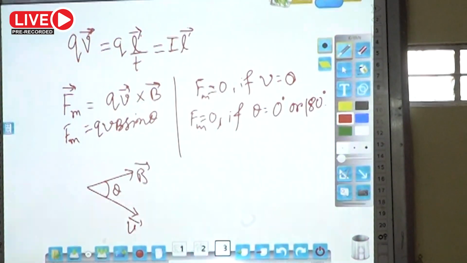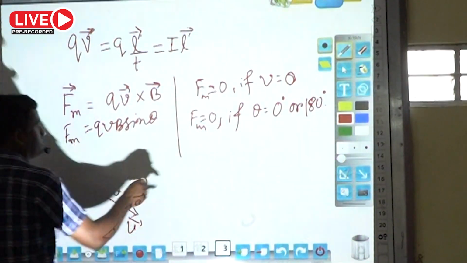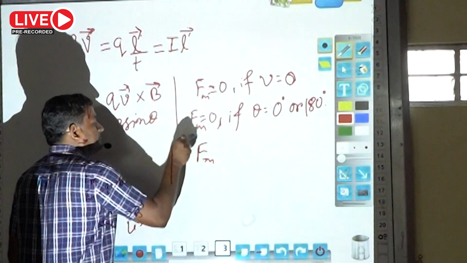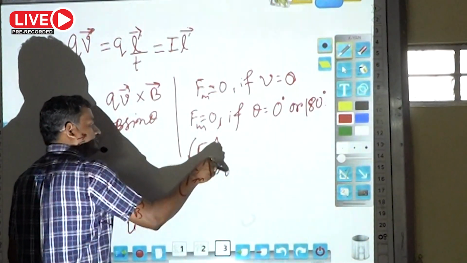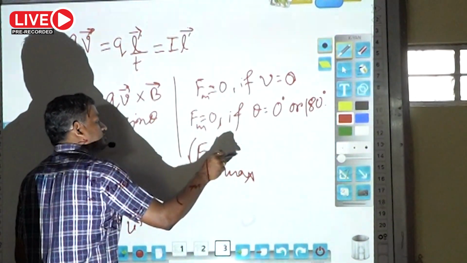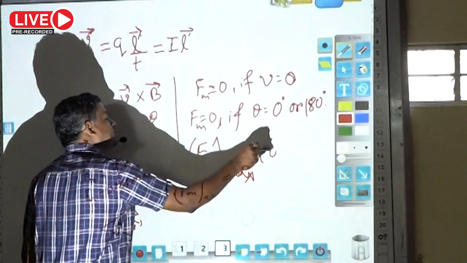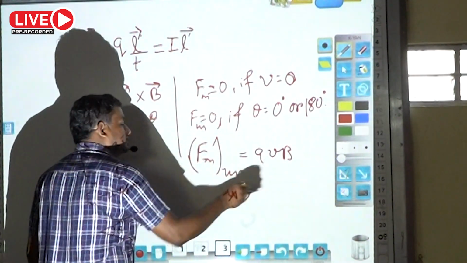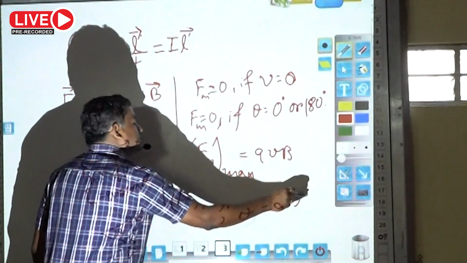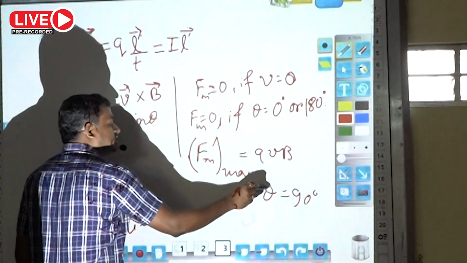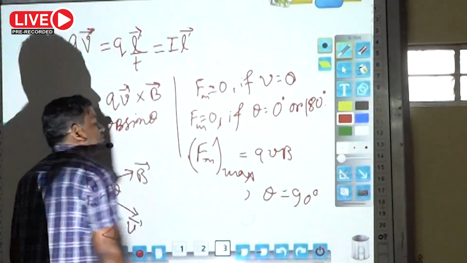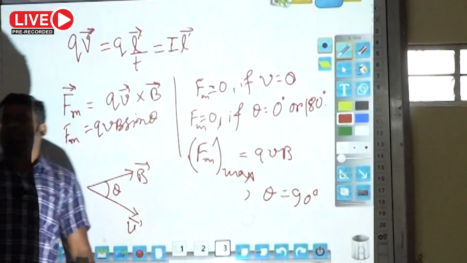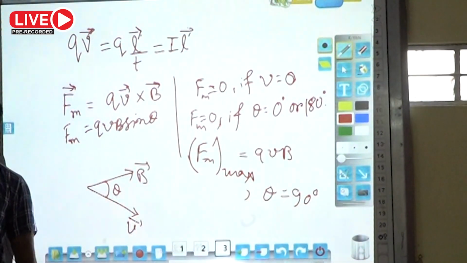For 90 degree. Theta 90 means sin theta has the maximum value. So F has its maximum value equal to q v B, and that is possible if theta equal to 90 degree. So if the charged particle is moving perpendicular to the magnetic field, then it will experience maximum magnetic force.